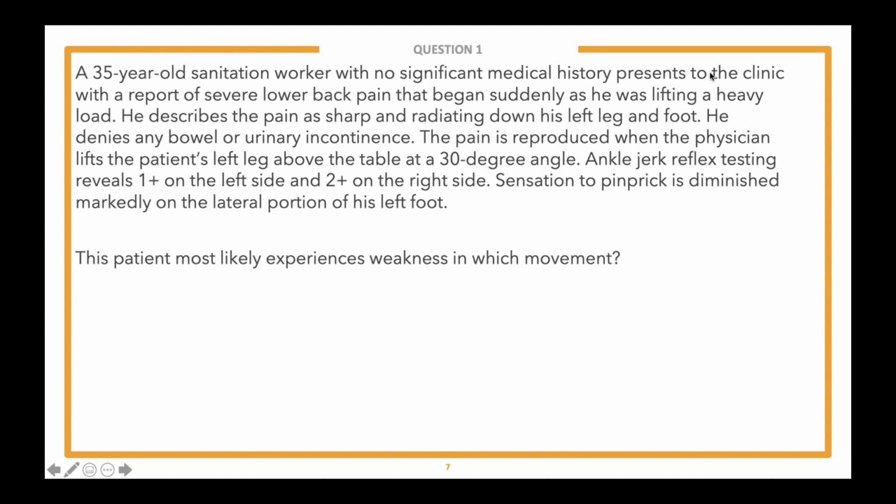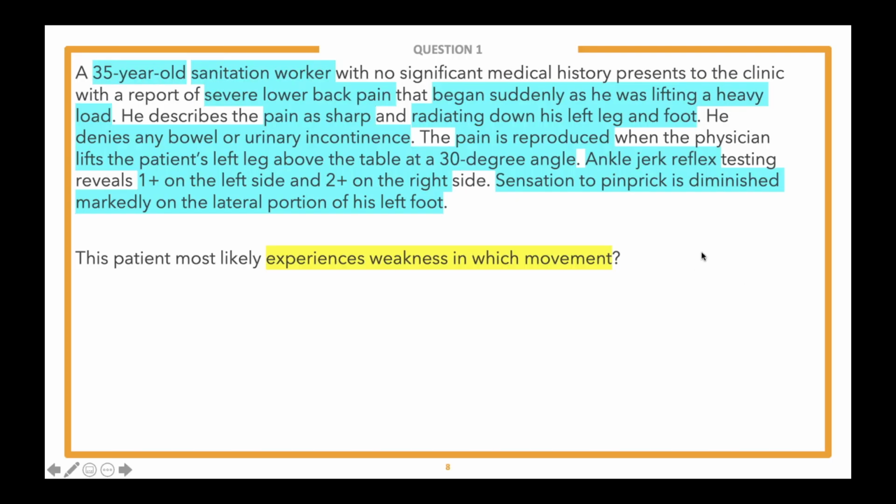We'll give all of you a second here to start thinking about what the important clues are in this vignette as I hand it off to Paras. Thank you, Sean. So what we're going to do is walk you through what we think are the important clues in this vignette and the lead-in. Okay, so let's start with this vignette. We have a 35-year-old patient. Anytime you have demographics, that's really going to start to clue you in on what you should be thinking, what you can maybe push a little bit down on your differential.